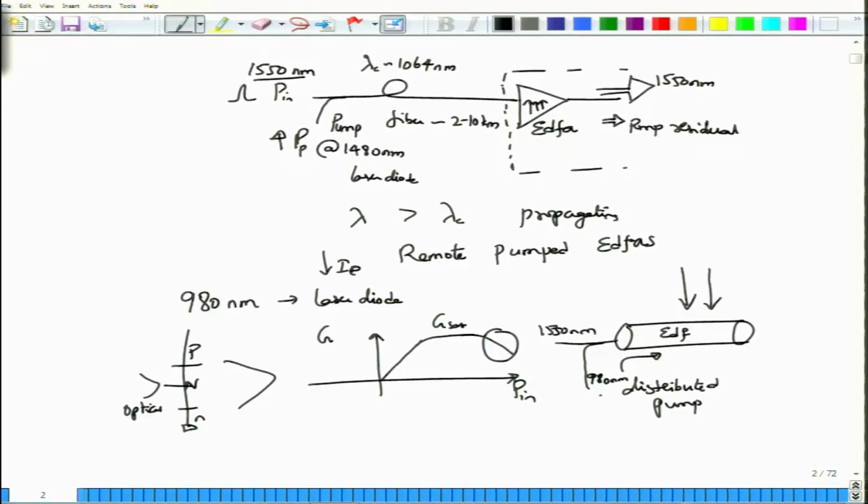So, this is your signal and this is your pump, and this special device which is used to couple a signal at 1550 nanometer and a pump at 980 nanometer is called a pump WDM coupler or WDM pump coupler. WDM simply refers to the wavelengths around 1550 nanometer, whereas pump refers to the wavelengths at 980 nanometer.